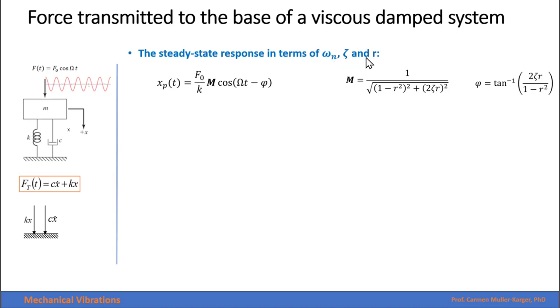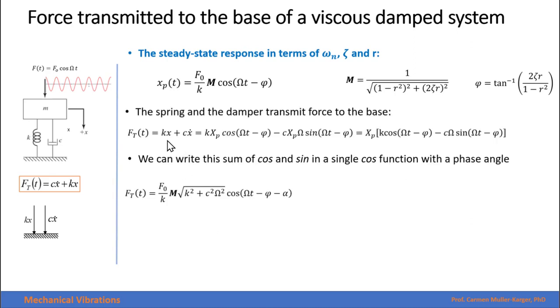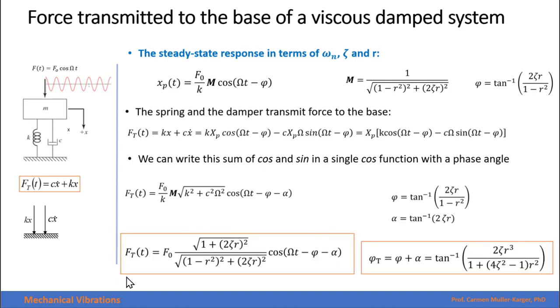We can also find this same force transmitted to the base, but now in terms of omega n, theta, and the frequency ratio, which will give me that the response is the static deflection times the magnification factor. And remember, this is the expression for the magnification factor. And then if we introduce this same expression that we had in the previous slides, we get this expression right here, and we can also get this square root in terms of theta, omega n, and r, and then we get that the force transmitted to the base can be written in terms of this factor right here.